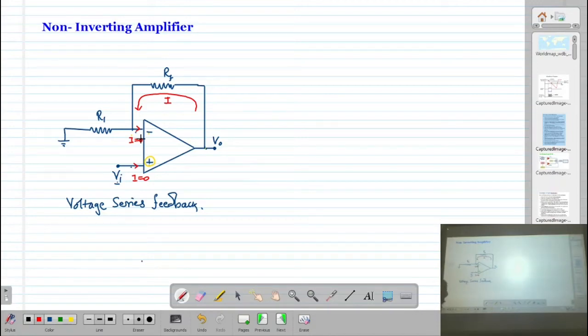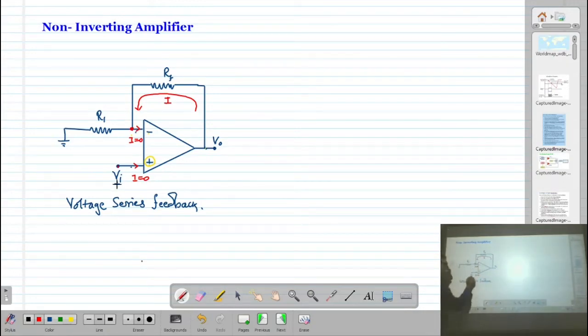Then, the second thing: the gain of this amplifier. This is the ideal amplifier, so the open loop gain of this amplifier is infinite, and in that case, as already discussed in the previous session, whatever the potential is on the non-inverting terminal, the same potential will be on the inverting terminal.